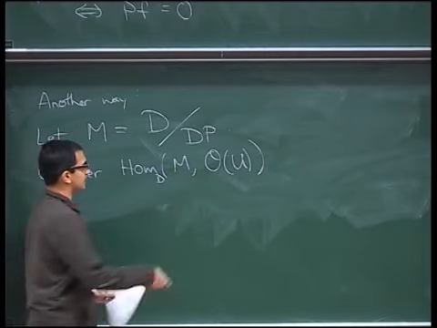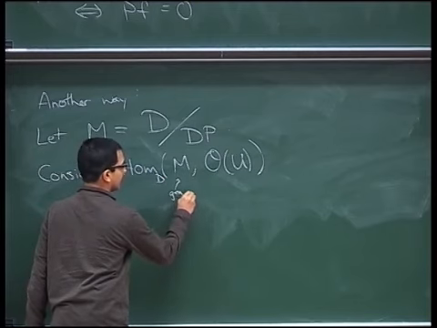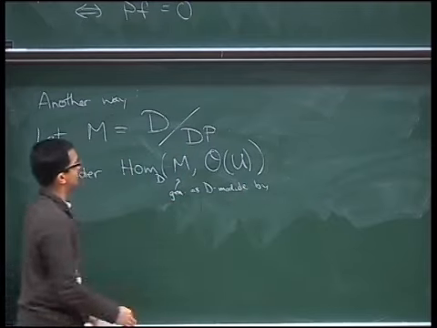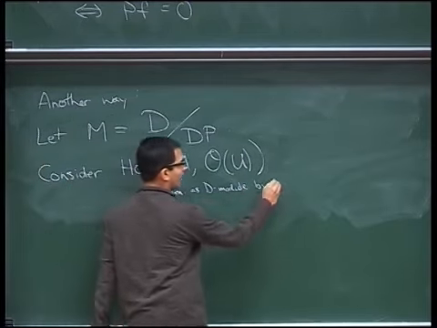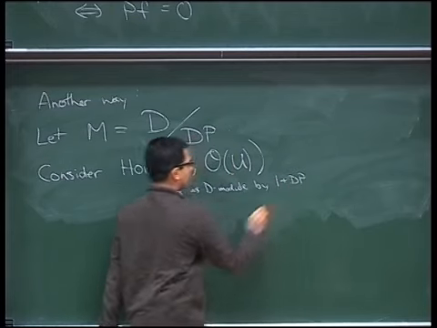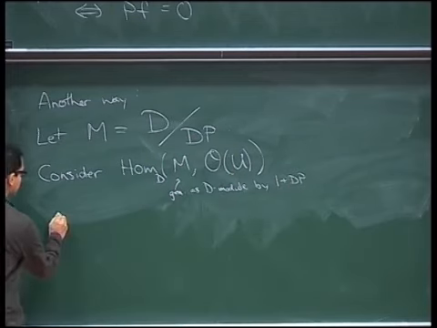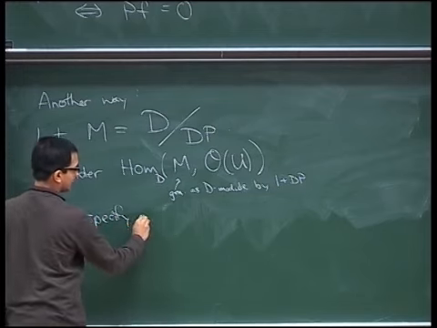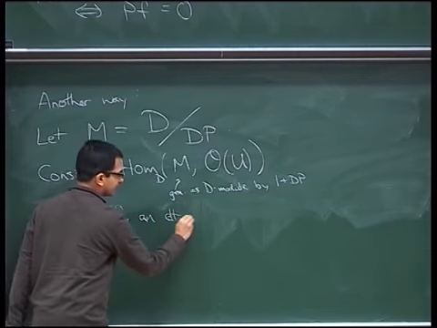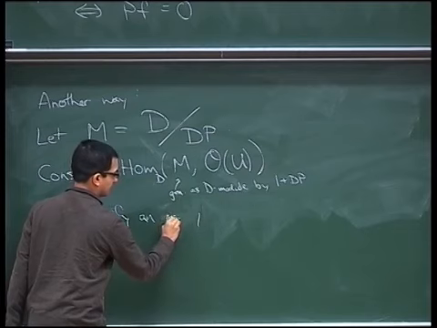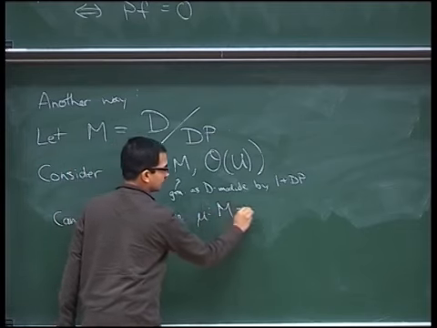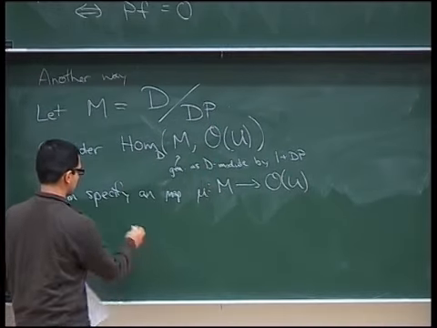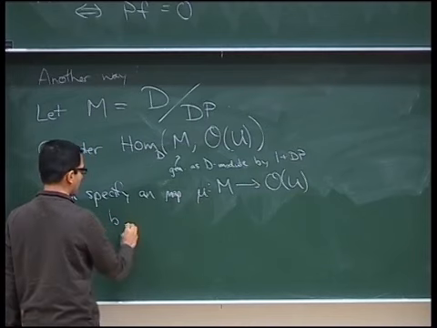So what does it mean to give a map from this module to this module? Well, M is generated as a D module by one element, by the image of the ring element 1. And so of course I can specify a map mu from M to O of U by telling you just what mu of 1 is.